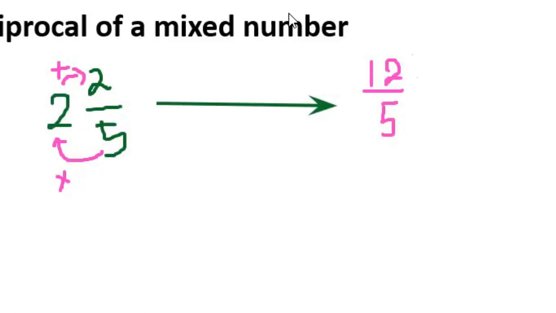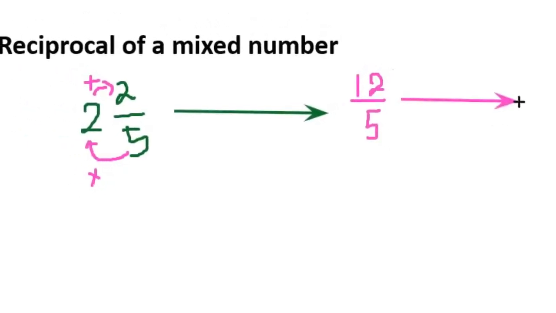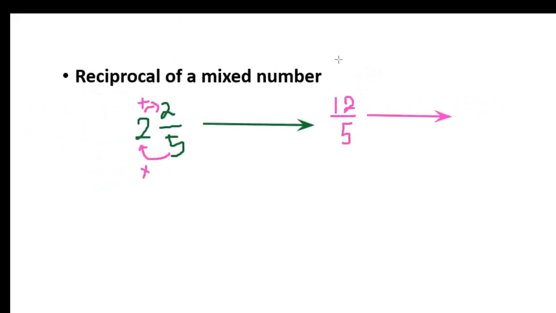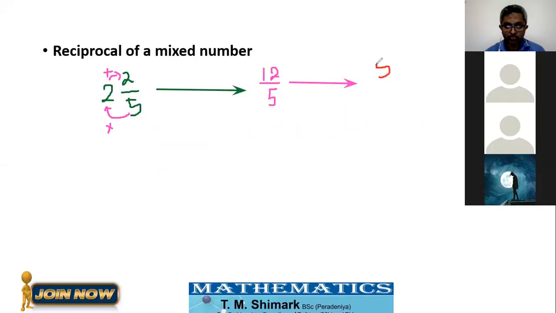Then you can change this to its reciprocal, which means 5 by 12, right? So there are two steps involved. One is to change the mixed number into an improper fraction, and then that is changed into the reciprocal, right?